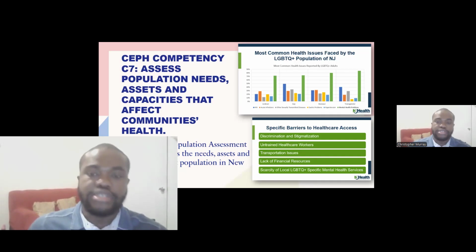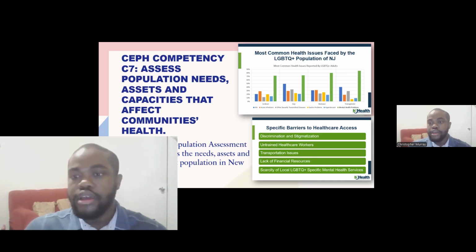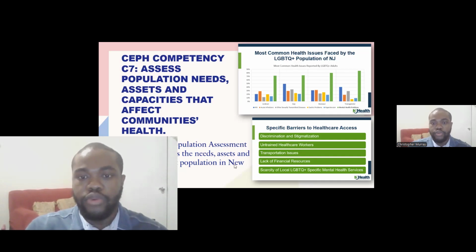Some of the population's needs that were looked at were the need for proper mental health care providers in New Jersey that were sensitive to the healthcare needs of the LGBTQ plus population, the need for more financial resources for this specific population, as well as the need for methods to lower discrimination and to lower stigma.